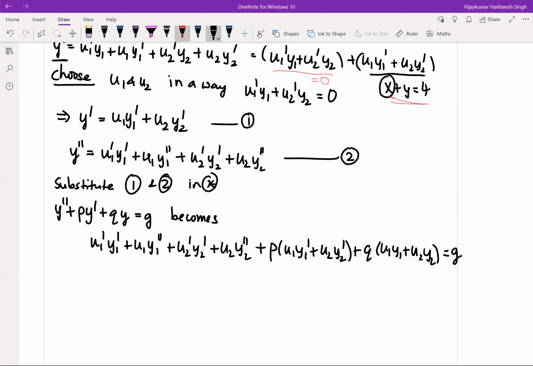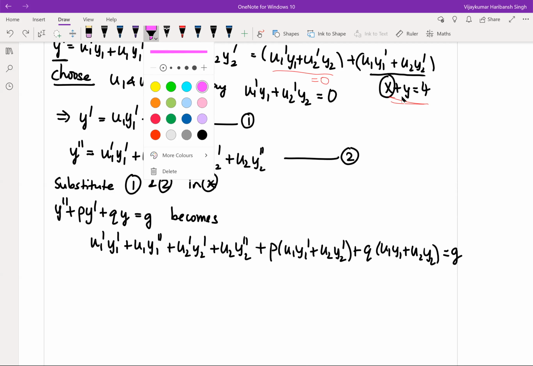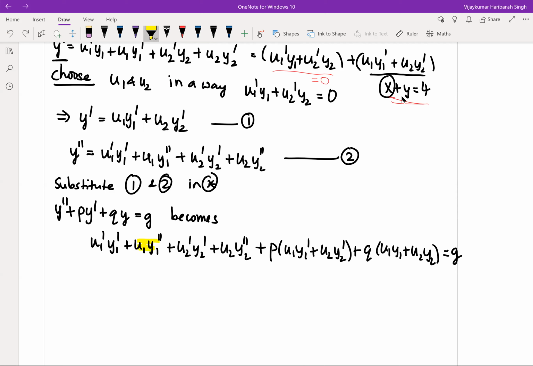Now it's time to rearrange and cancel off terms. So notice the following terms. You have this term here, u1 y1 double prime. Take this term, and again u1, you need this term here, and then take these terms together and see what you get.